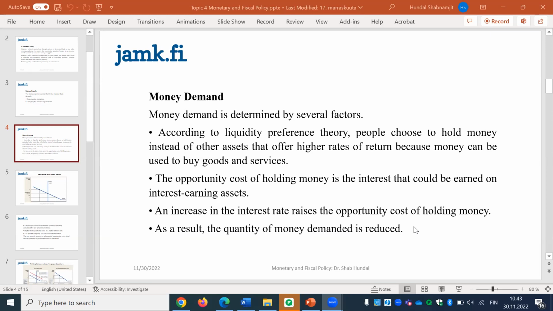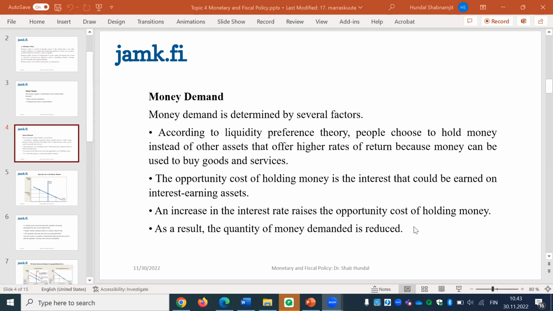Then you get more confused. So with an increasing rate of interest, spending is discouraged, because you prefer to keep the money with the bank and earn interest.